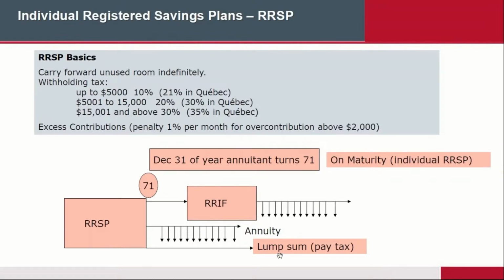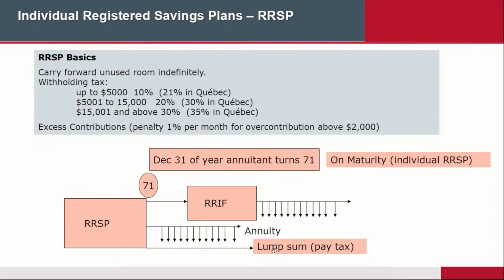Or you can simply take the whole thing, lump sum, cash it, but you're going to have to pay a considerable amount of tax on it because it's all taxed, basically. So the last thing you want to do is take a lump sum. What you want to do is take it out as a RIF or as an annuity, because by doing that, you only pay tax as you receive the money.